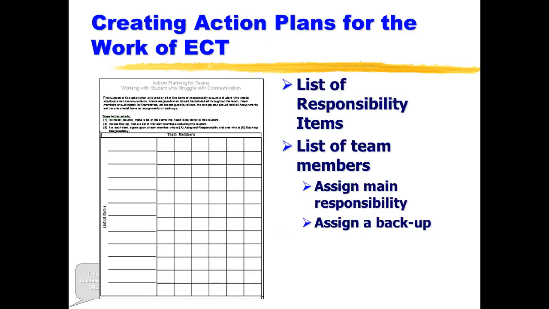I had mentioned last time too that a lot of it is spreading out the responsibilities. I use the roles and responsibilities matrix from Gary Cumley out of University of Wisconsin Stevens Point, and the work that Dr. Cumley's done, and I do this throughout assistive technology planning. Whatever needs to be done gets listed. The team members go across the top of this matrix. And then in Gary's work, each thing in the list needs to have an A and a B component. A is the first person who's responsible, and B is the backup person.